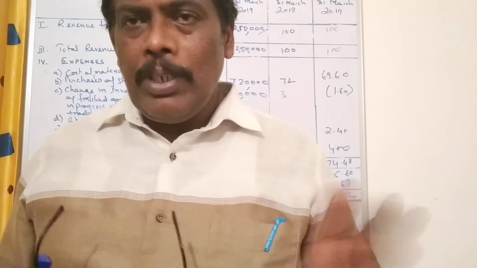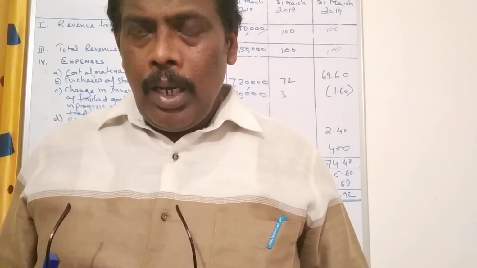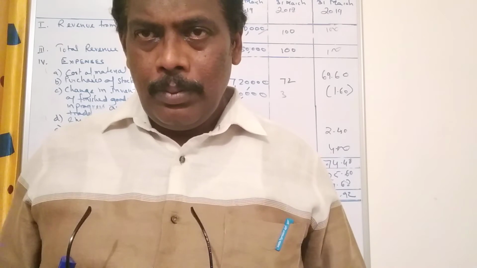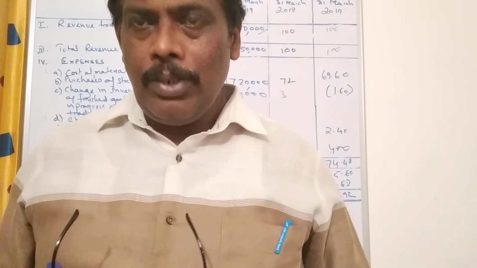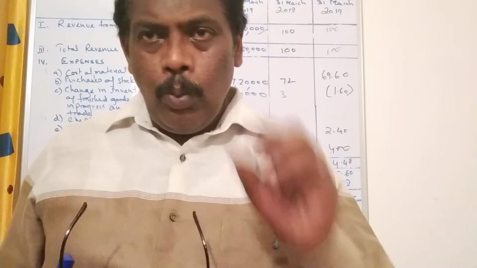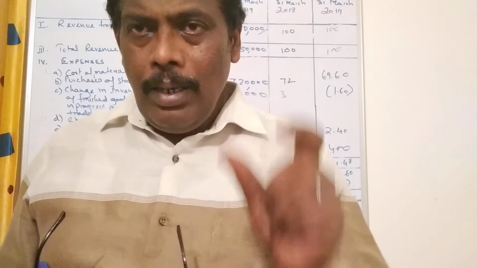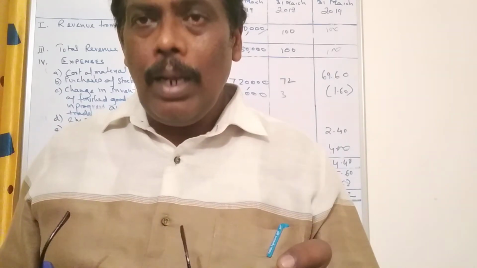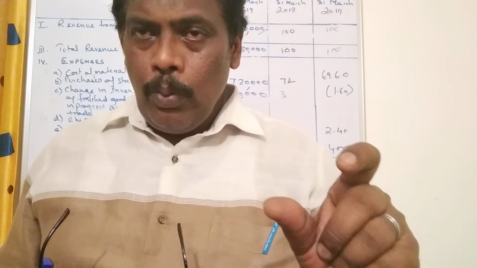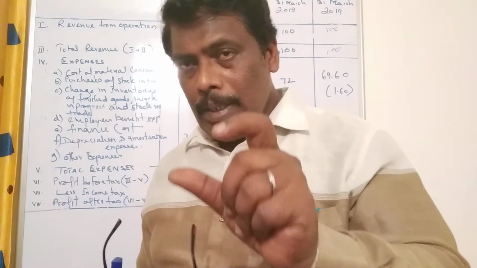The only difference between these two statements is that in common size balance sheet, we took one figure as a common base, total asset and total liability. On the basis of that amount, we calculated the percentage. We converted the amount into percentage.